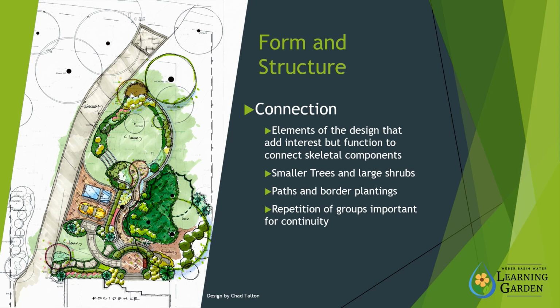You can use smaller trees, larger shrubs, paths and border plantings, which work very well to do this. But then also repetition, using those same things throughout your design, will really help to make your design connect to each other, but also be cohesive and show some good tying of one element to another element.